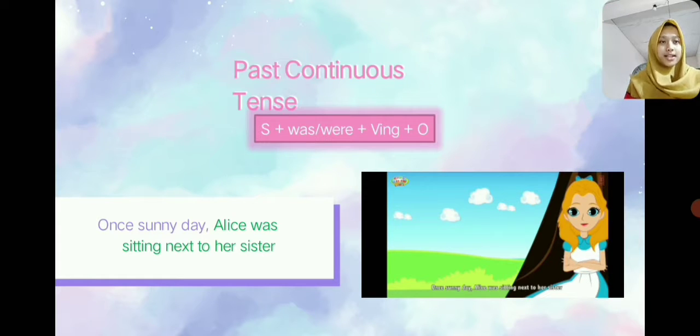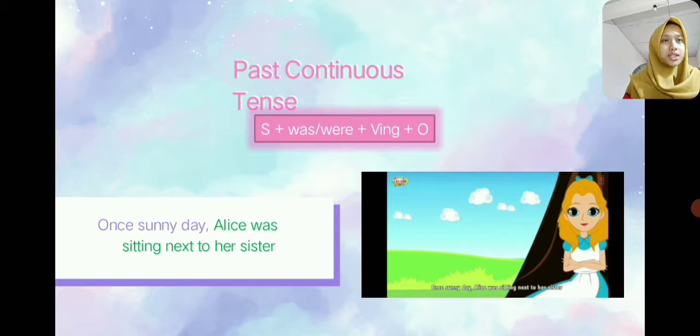Past continuous tense has the formula subject plus was or were plus verb ing plus object. The example sentence: One sunny day, Alice was sitting next to her sister. Alice is subject, was sitting is was plus verb ing, next to her sister is object.